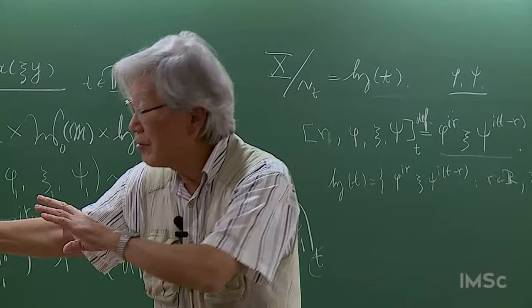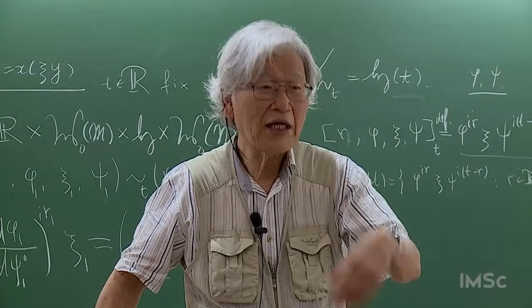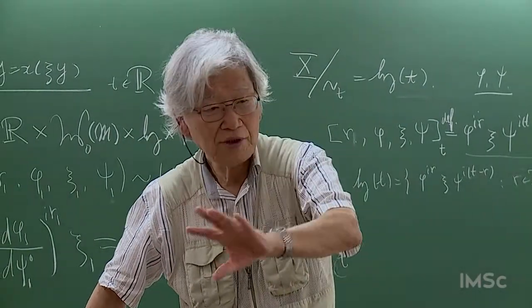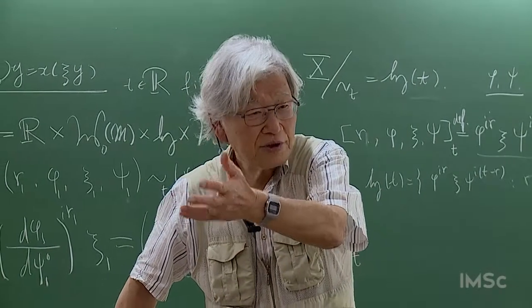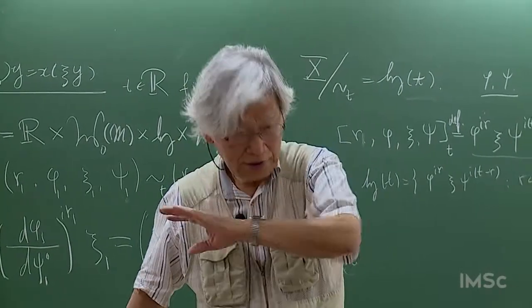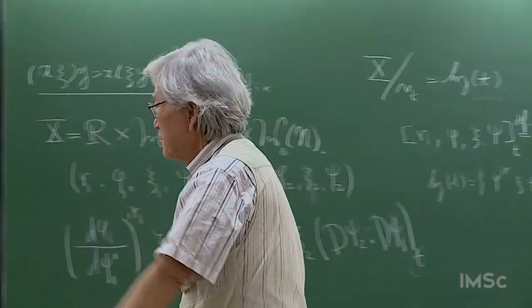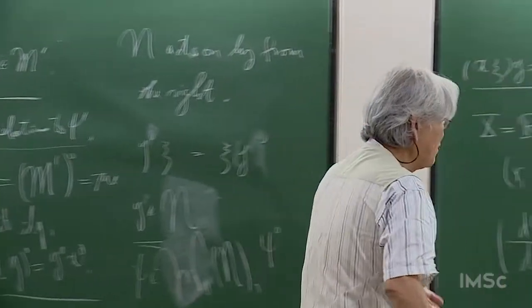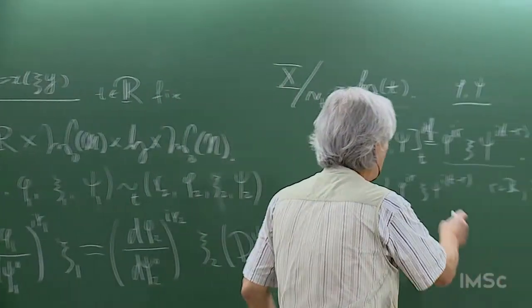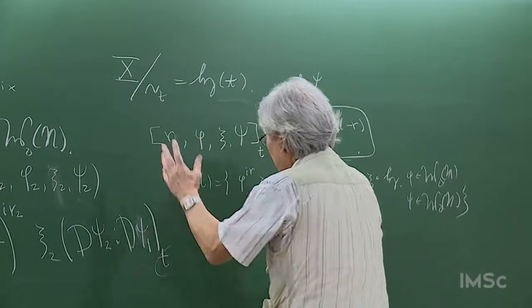And for the denominator, accordingly, on the cocycle derivative relative to m prime, a similar relation holds. So with that type of relation, the spirit is the following.